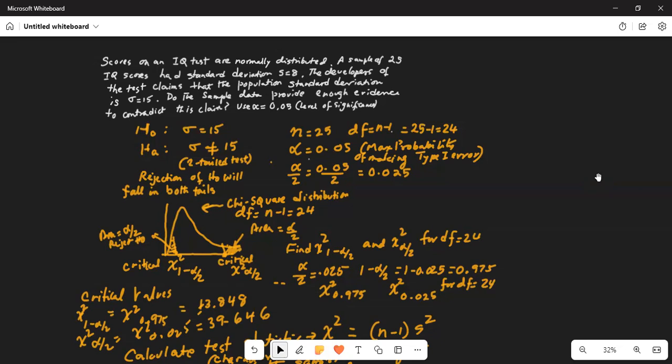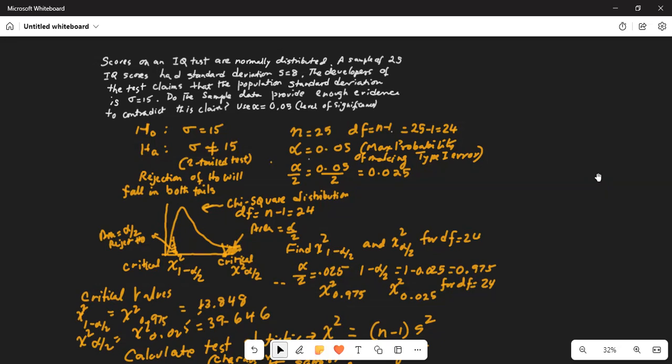What about the right tail? The right tail area is also alpha by 2. So the area to the right of that critical value is chi-square alpha by 2. Remember, chi-squares are indicated by the area to the right under the chi-square curve. So one critical value is chi-square 1 minus alpha by 2. The other critical value is chi-square alpha by 2.